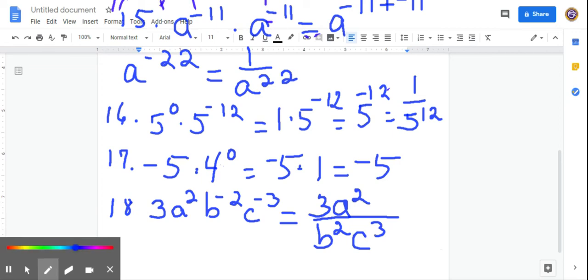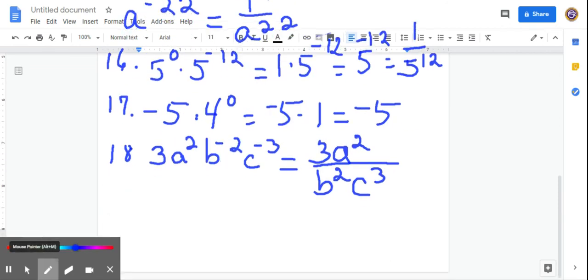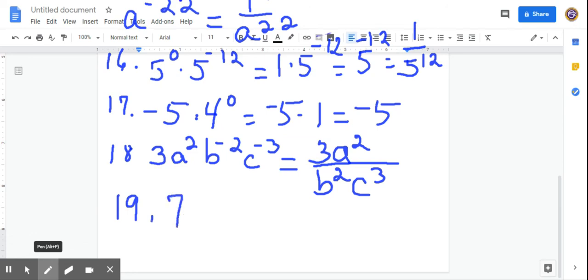So number 19, very similar. You have to ask yourself what has to move and what has to stay. The careless mistake that some of you made on 19 was the 7.